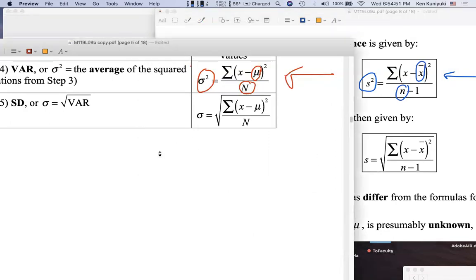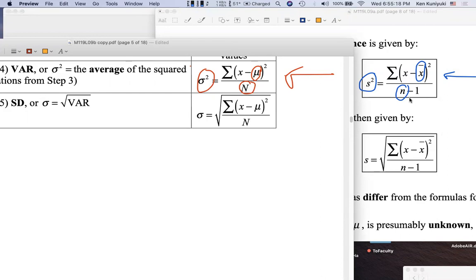So everything I've said so far has involved a difference in notation based on the fact that we're talking about sample data versus population data. But there is one computational difference. Here, for sigma squared, the population variance, we're dividing by capital N, the population size. Here, for sample variance, we're dividing by not the sample size, little n, but little n minus 1.